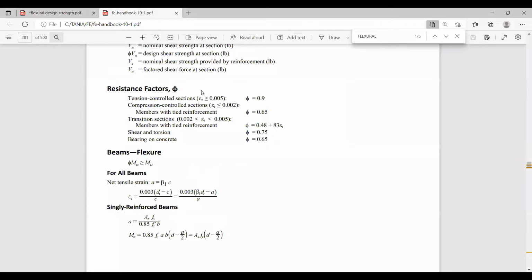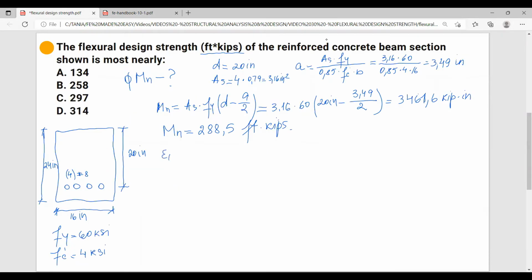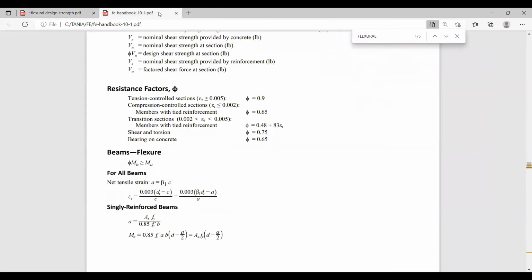In order to calculate phi, we have to calculate tensile strain. So let's write the formula for the tensile strain. Tensile strain equals 0.003 times (dt minus c) over c.